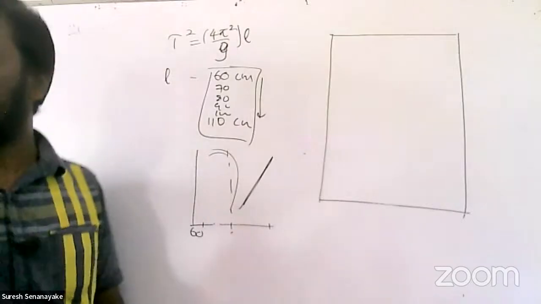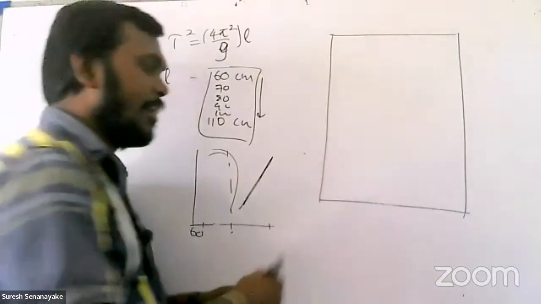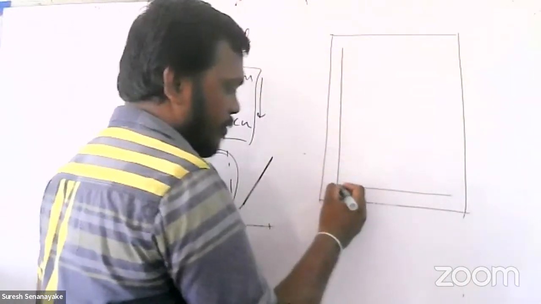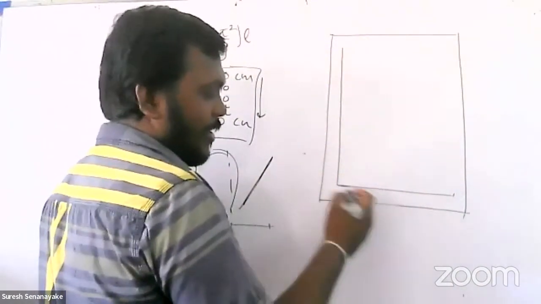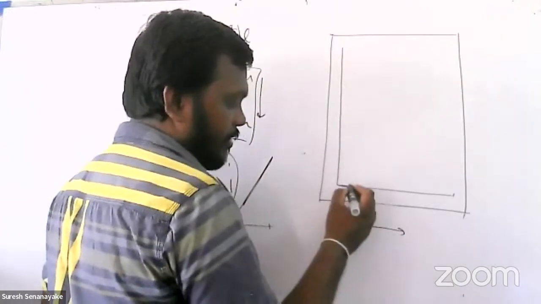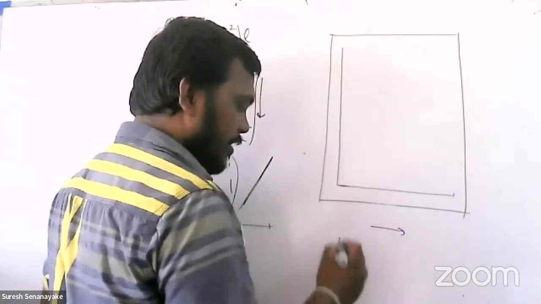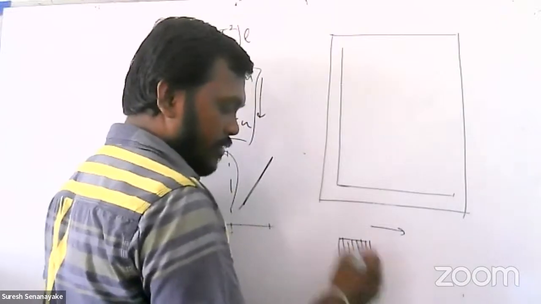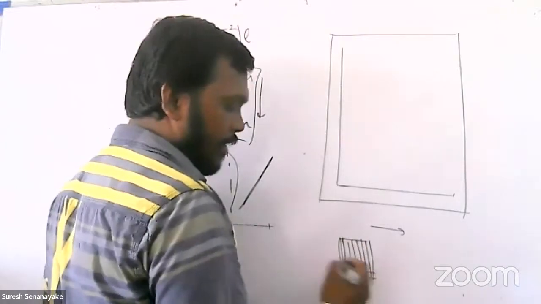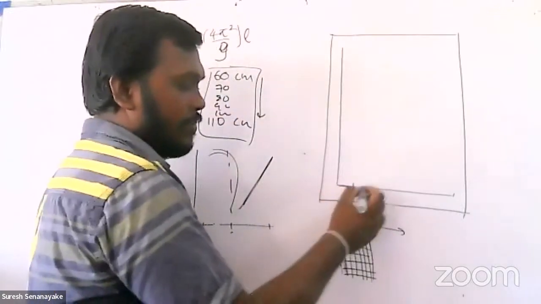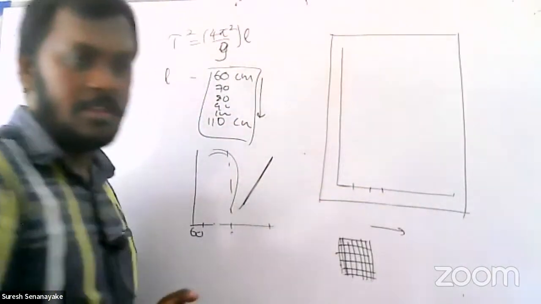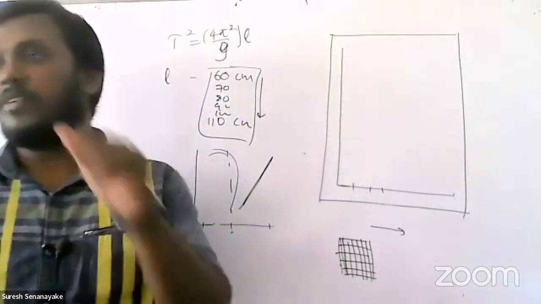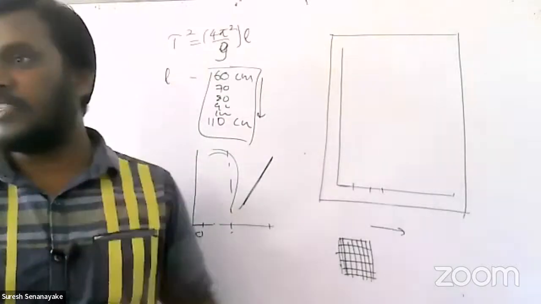As an example, in these commercially available graph papers, you can see here 1 square means there are 10 small squares. The major 1 centimeter squares are subdivided into 10, so 1 millimeter is the small one.